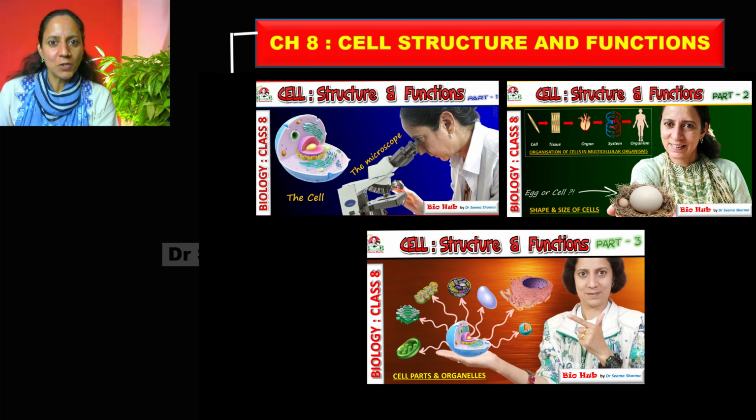Now we are switching over to one very interesting segment of this video, and that is our activity time. The activity is to observe the basic components of a cell, and here we are going to learn about the basic components of plant cell as well as animal cell.